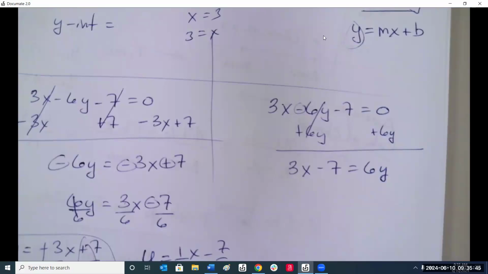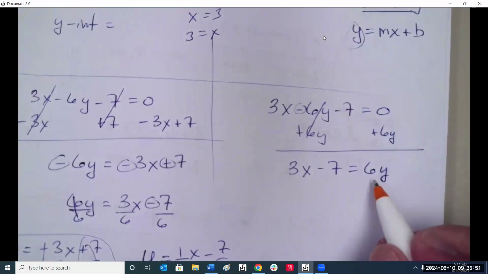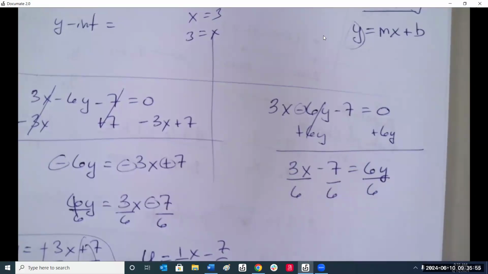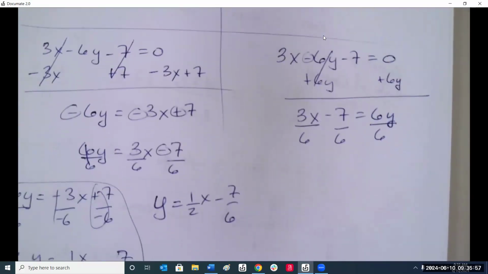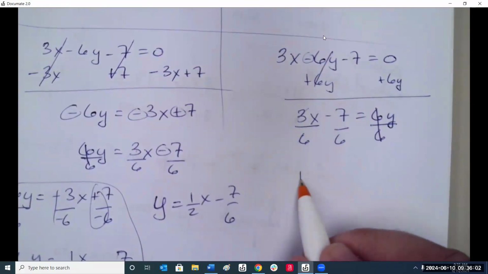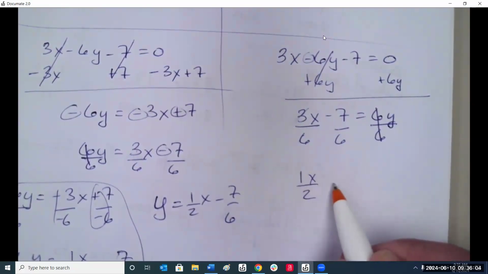Do you have to worry about a negative sign now? No. All you have to do now is divide each term by 6. So 3 and 6, so it's 1 over 2x.